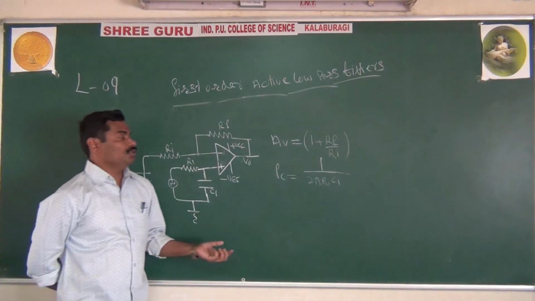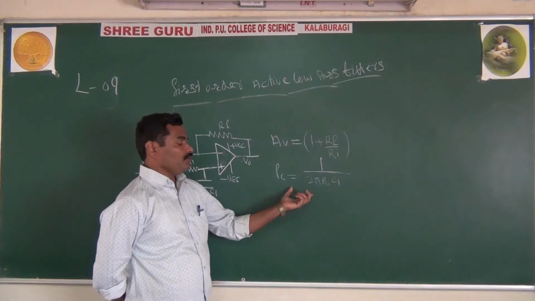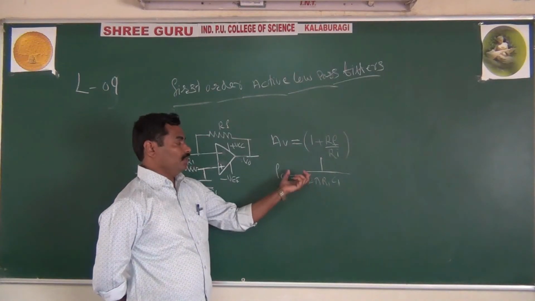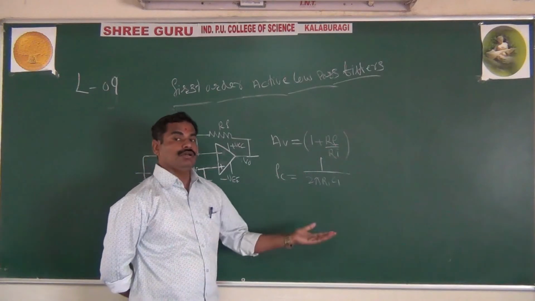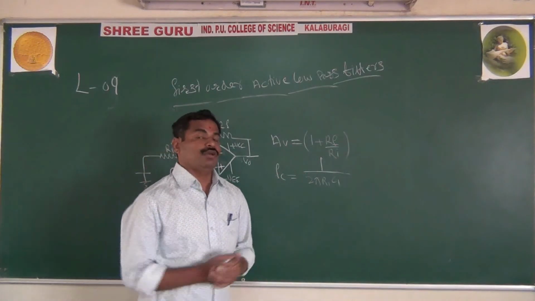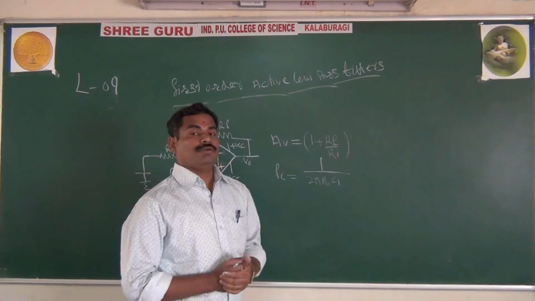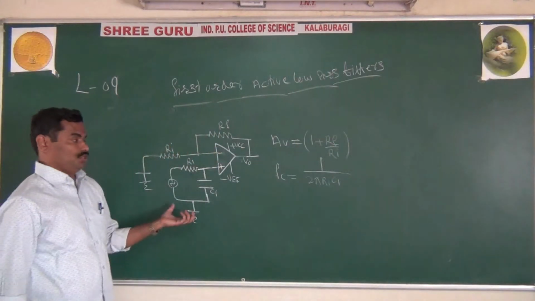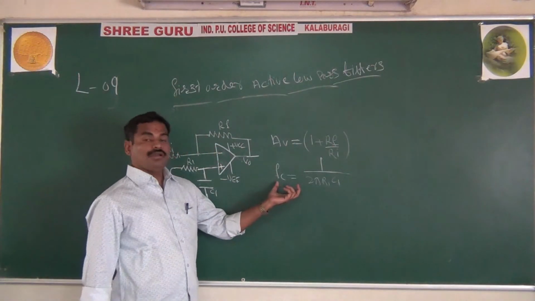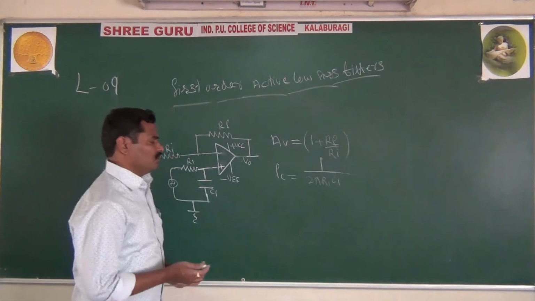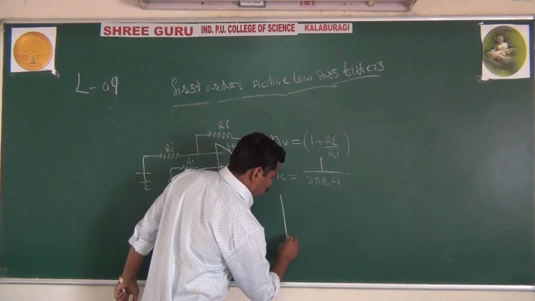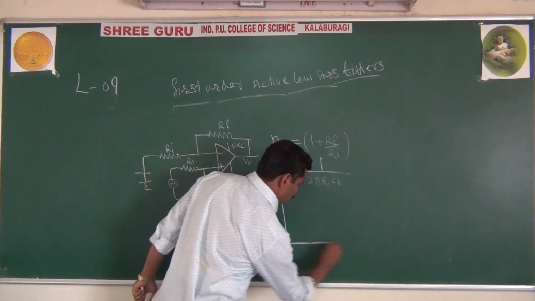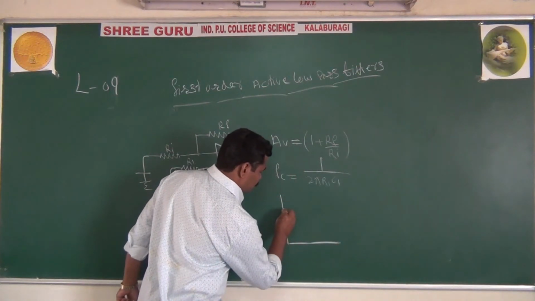The important thing is the cutoff frequency. It is a particular frequency: up to that frequency your filter allows the signal, and after the cutoff frequency your filter does not allow the signal. Now draw the frequency response of your low pass filter.